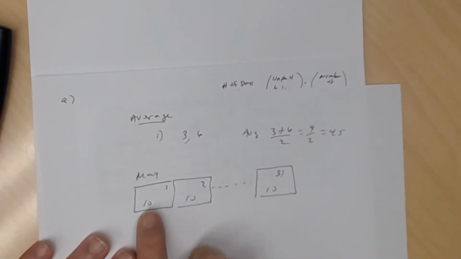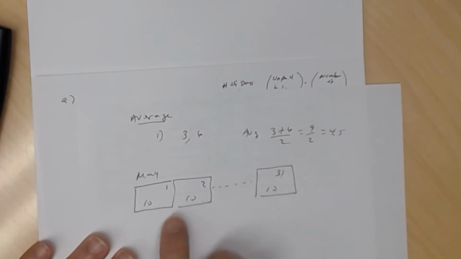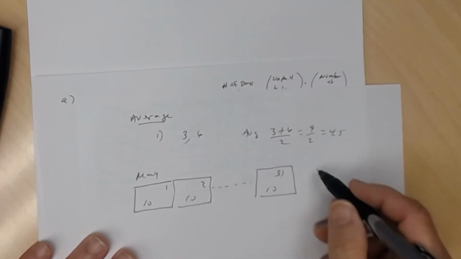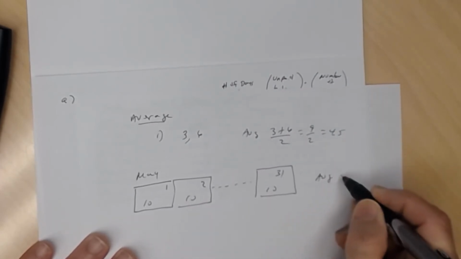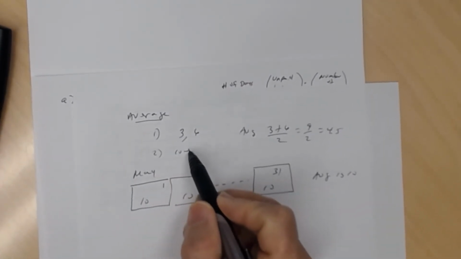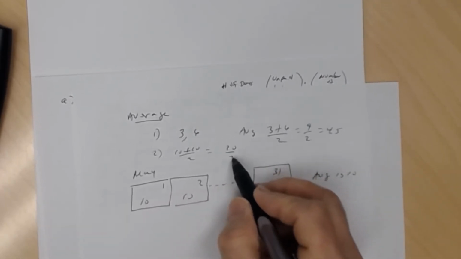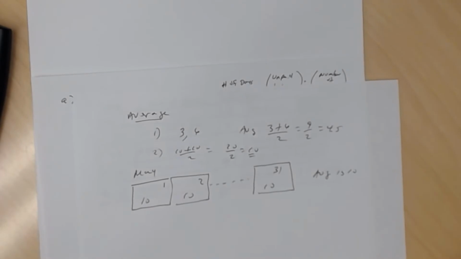If all of those are $10, you agree it has to be 10, right? My average is 10 because they're all 10. For example, 10 plus 10 divided by 2: that's 20 divided by 2, which is 10. So the average is 10, right?